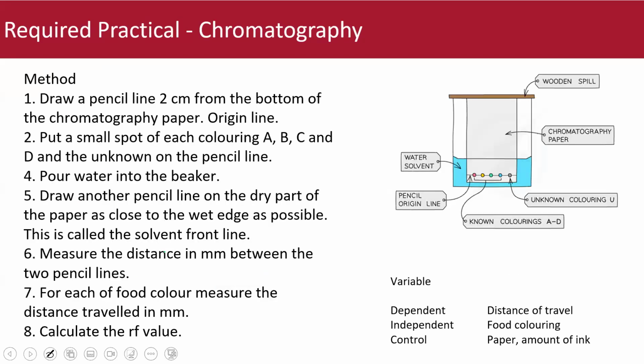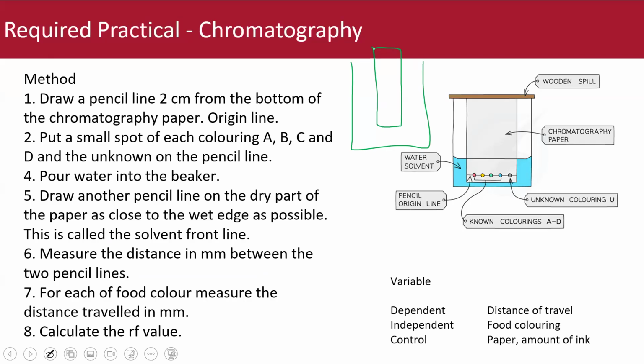Now, I'm going to go through the method. Just ignore that picture on the right-hand side. You're going to have your beaker, and you're going to put your piece of chromatography paper into the beaker.